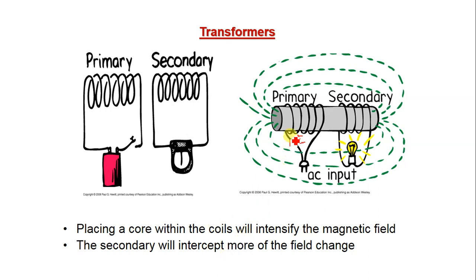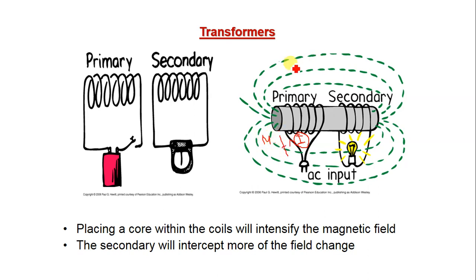According to what we learned in section 2, whenever we have current, moving electric charges, this current will produce what? Magnetic field around the wire. So here I will have a magnetic field, MF.